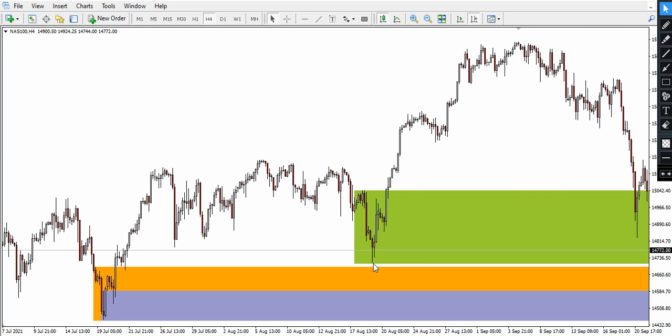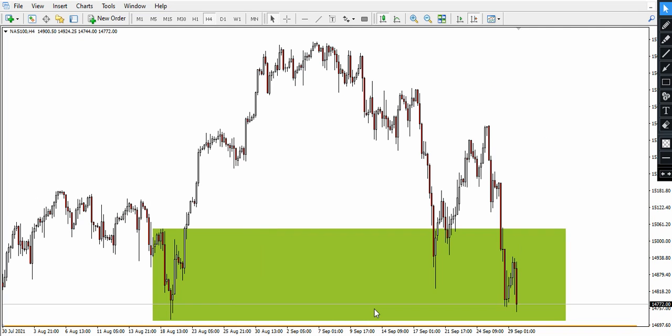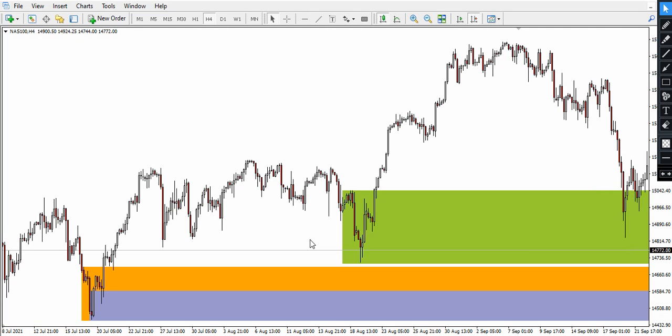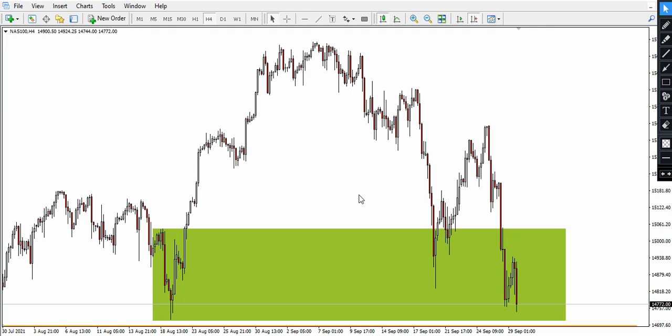So price will definitely still come down here to respect this order block. All right, so we still anticipate price to come down and respect this order block here. However, we are now on this swing low. I did say that whenever you are trading order blocks, always start on a higher time frame, and whenever price comes to your order block, do not rush to enter.